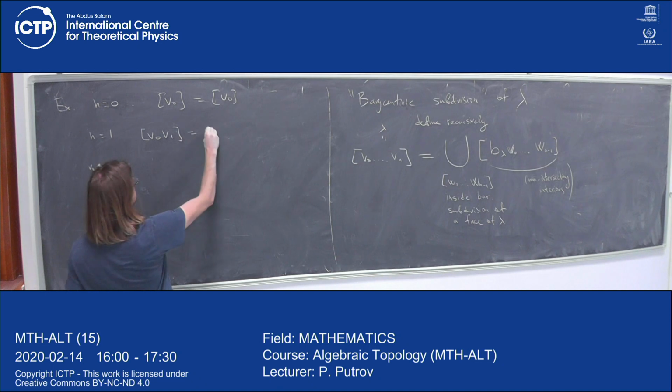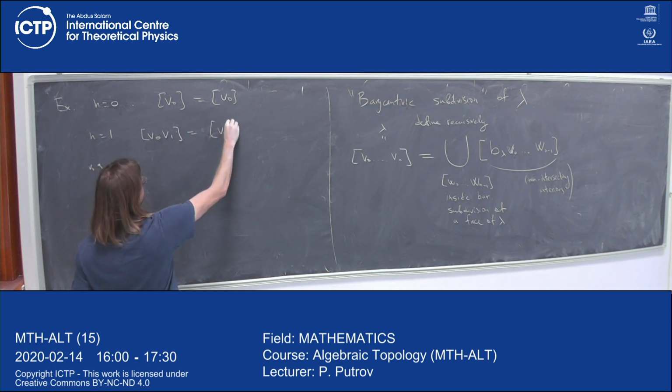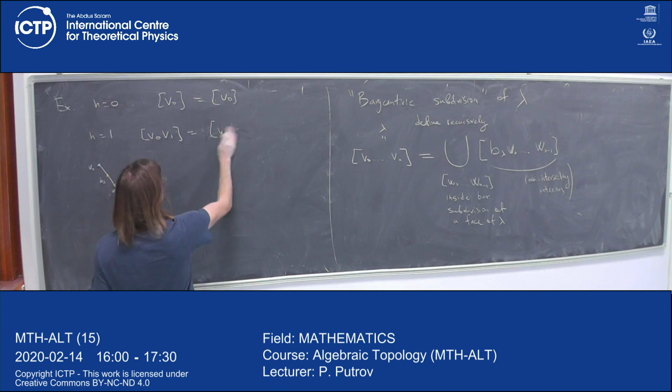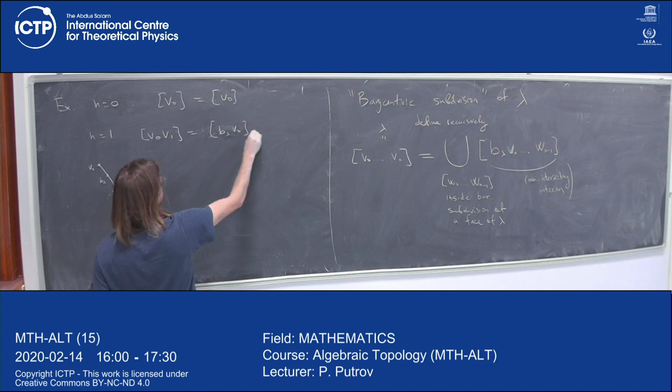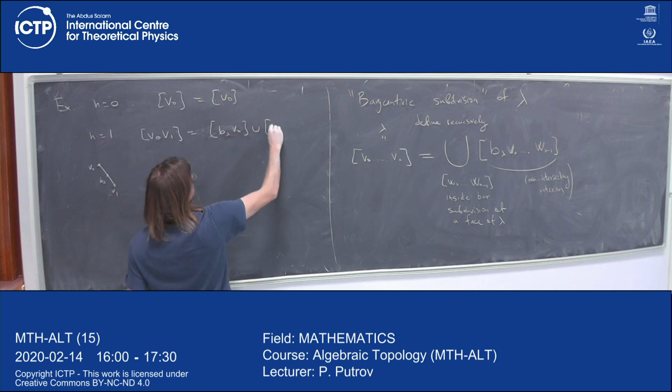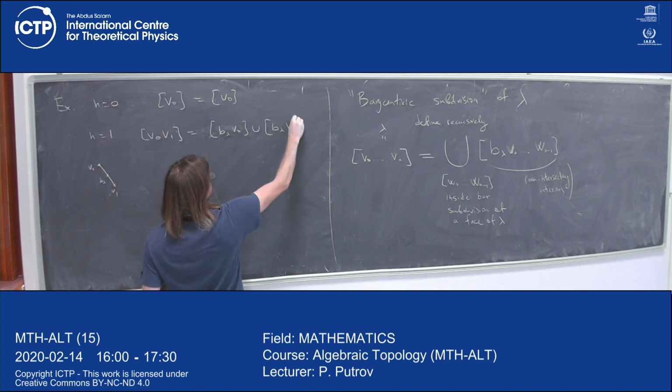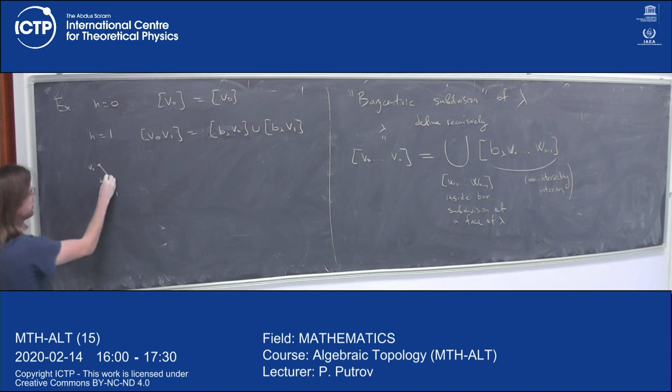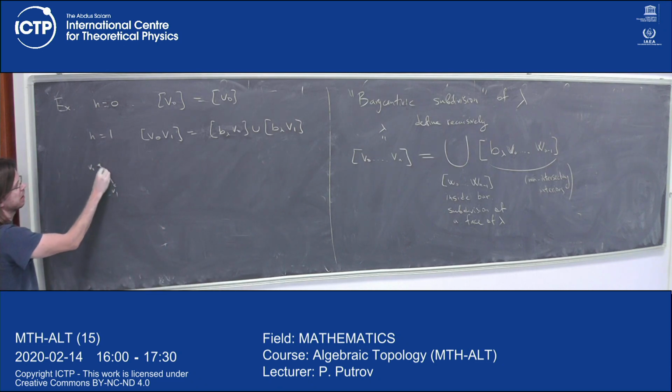So this is a union, sorry, b lambda b0 union b lambda b1. So I start with this simplex and subdivide it into two smaller simplices by dividing the interval in the middle.